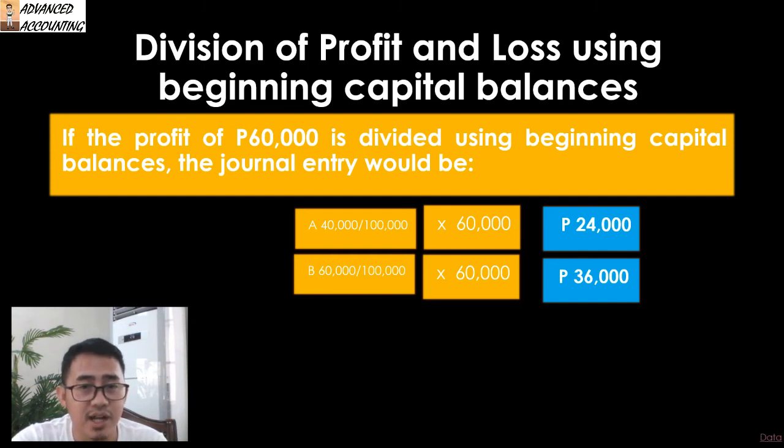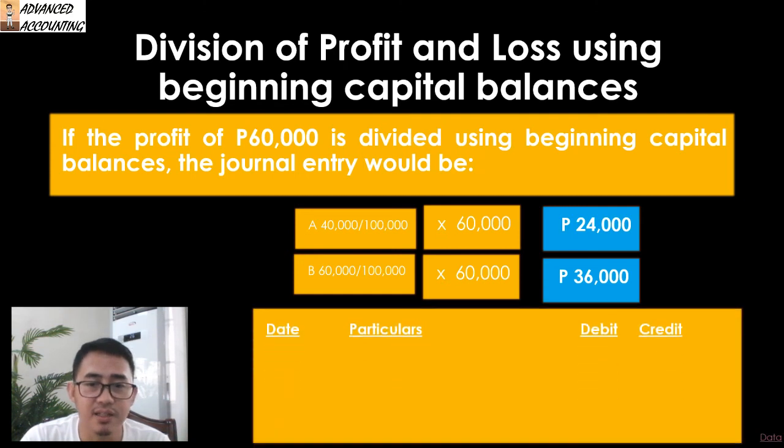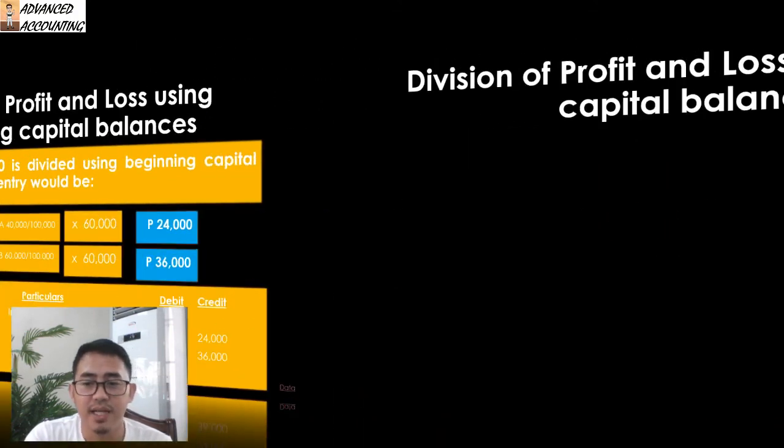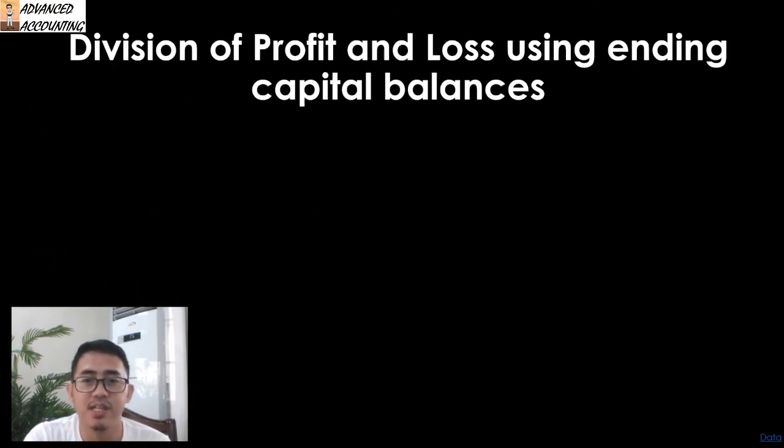So that is the share of A and B respectively. So the journal entry would be debit Income and Expense Summary 60,000 and credit A, Capital for his share, which is 24,000, and B, Capital for his share, which is 36,000.